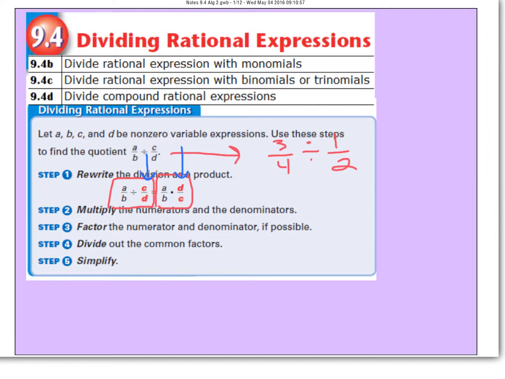So all you have to do to division is keep the first fraction the same, change it to multiplication, and then take the reciprocal of the second one, so you have 2/1. Then you just multiply straight across like we used to, so 3 times 2 is 6. 4 times 1 is 4, and you could simplify this to 3/2. So this concept is the only twist that we have to do for section 9.4.